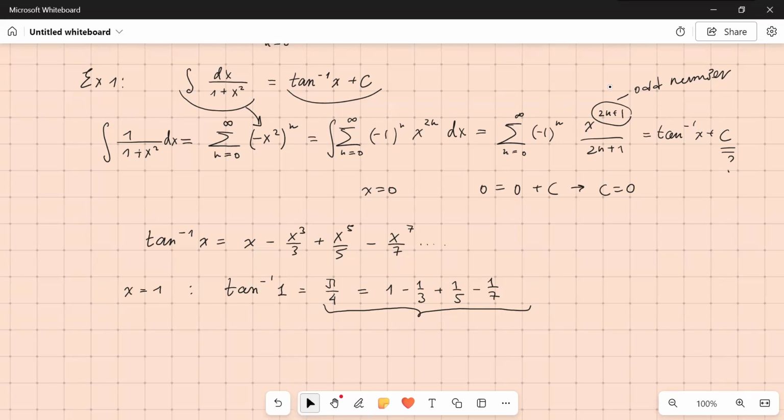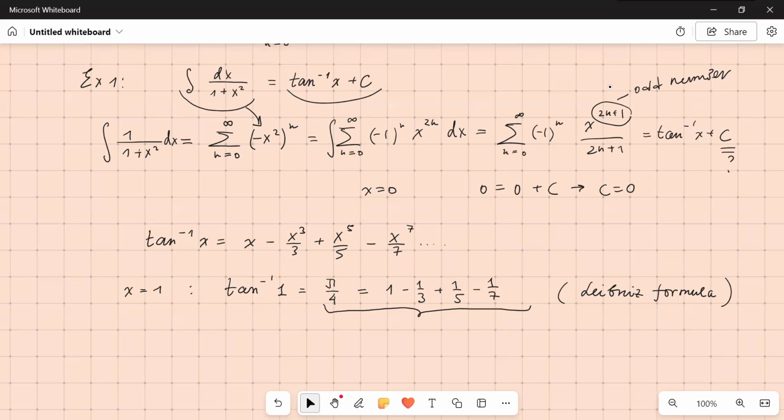So you'd probably need to add maybe 100 numbers here to get just 3 digits, and after that, there's no point. But still, this is called Leibniz formula for number pi. If you multiply it by 4, you are going to get pi represented through the sum of series.